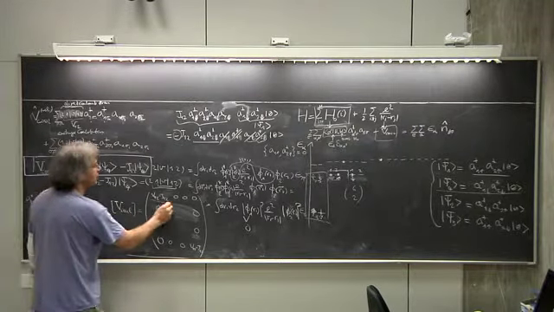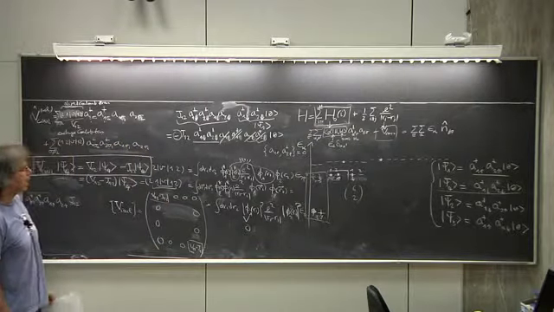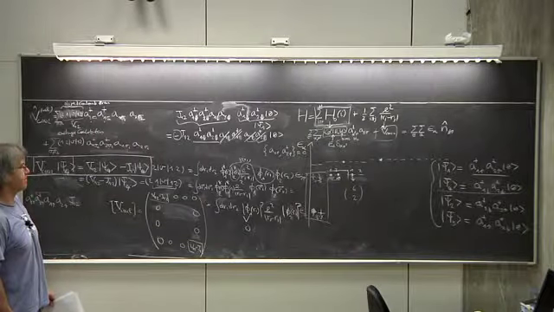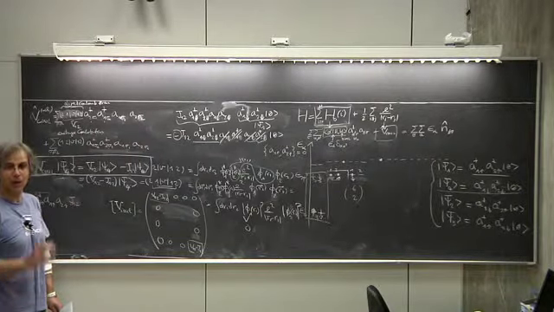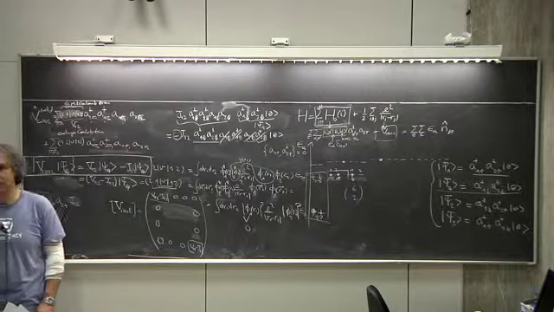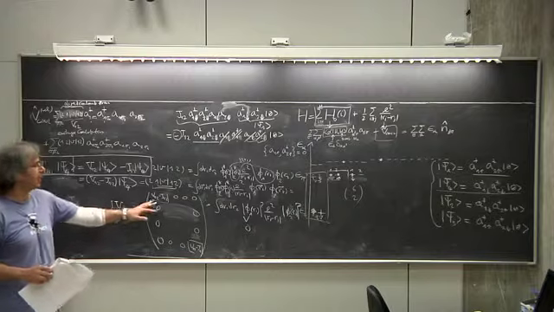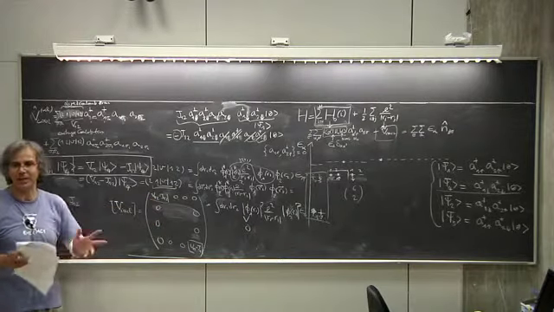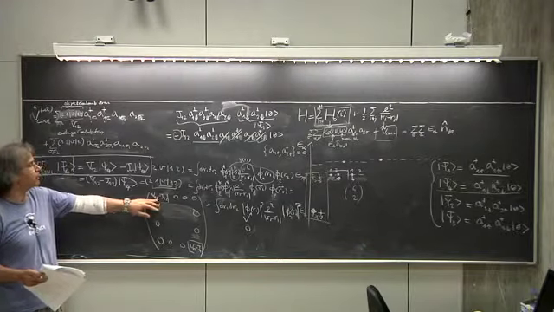And they have this energy. Perhaps it's not surprising that they are eigenstates. Somehow they are spin eigenstates also. V doesn't change the spin, and therefore they cannot be mixed to anything else because they have spin 1 and total component of the spin plus 1.